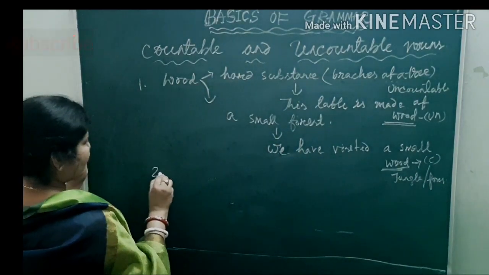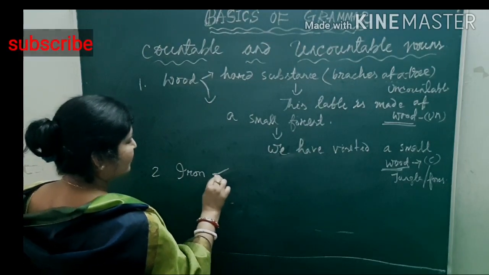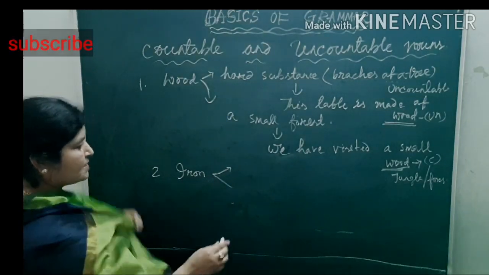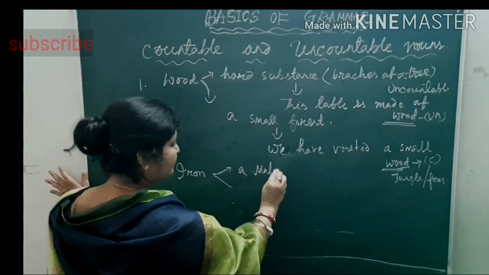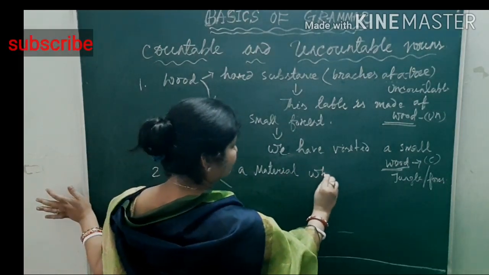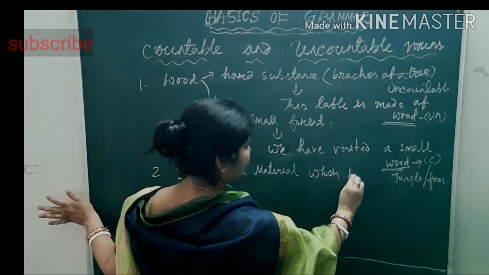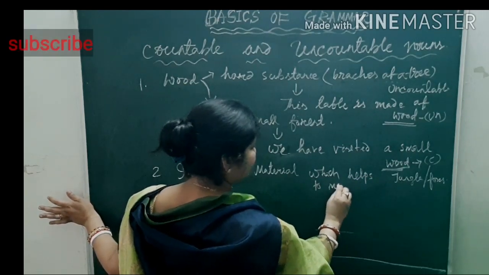We will take the example of iron. What do you mean by iron? Iron means a substance or a material which helps to make steel.